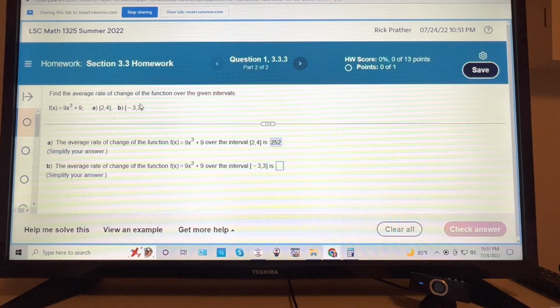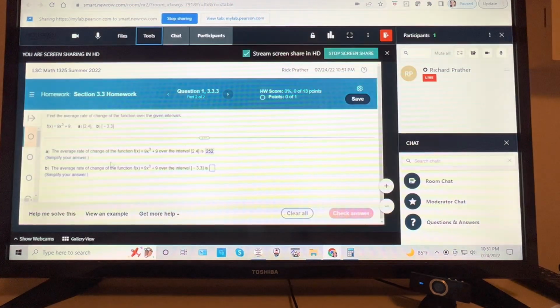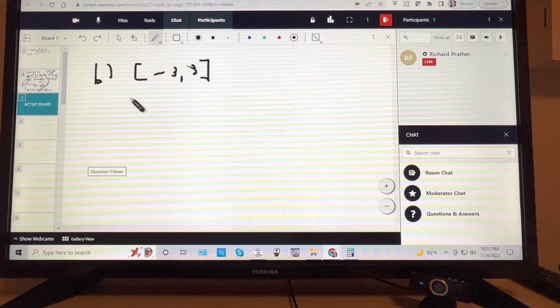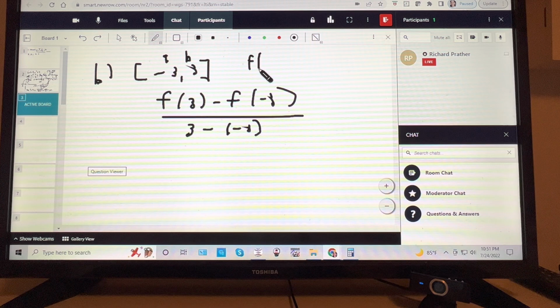Then if I repeat it for the interval -3 to 3, part B, -3 to 3. So I need to do f of 3, you always do f of B first, minus f of A over B minus A. And it's the same function for both parts, 9x cubed plus 9.